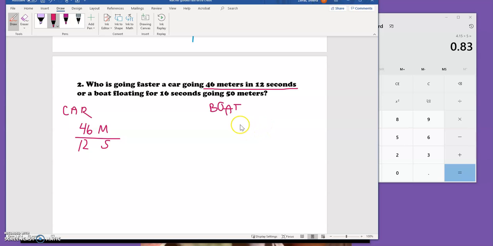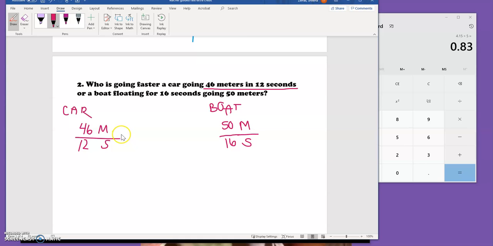Okay, this is why including a label is going to be helpful. I know I want to have meters over seconds. So this switched the order and it gave me seconds first. So 16 is going on the bottom and 50 is the meter amount, so 50 goes on top. Okay, just a reason why we want to make sure we're including a label.